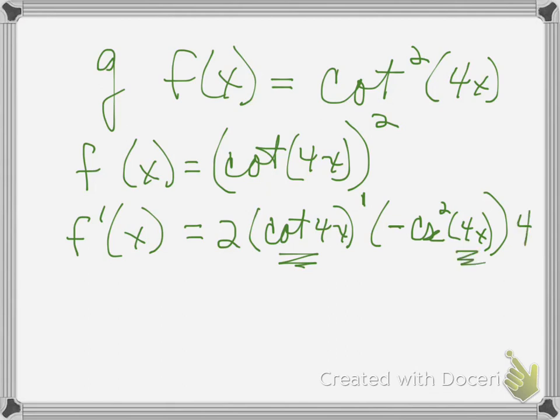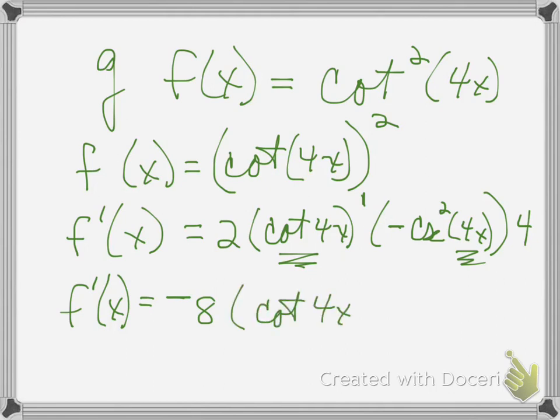Okay, so my final answer is the following. So f prime of x, first off you have the 2, so let's make that negative, because you've got a negative cosecant, and you have 4 in the back. So negative 8, and then I'm going to have cotan 4x, and then times cosecant squared 4x, and that's not bad.